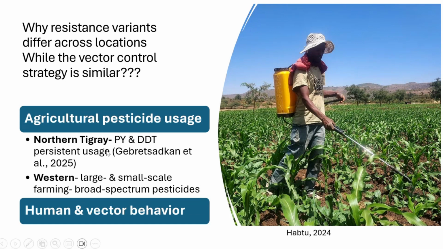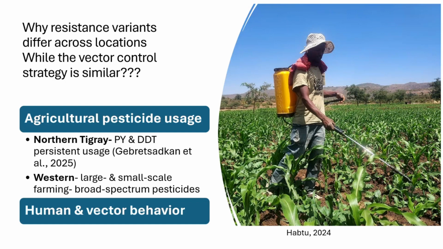So these pyrethroid-based and DDT-based interventions might have increased the frequency of target site resistance at the VGSC gene. When we look at the western part of Ethiopia, it is also an area where large and small scale farming is involved, and in that area, farmers use broad spectrum, different pesticides.